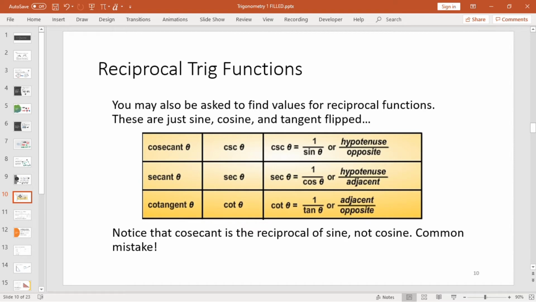So if sine is opposite over hypotenuse, that just means that cosecant is hypotenuse over opposite in that triangle. Likewise, secant is hypotenuse over adjacent because it is the reciprocal of cosine, which was adjacent over hypotenuse. And cotangent is the reciprocal of tangent. So instead of taking opposite over adjacent, we take adjacent over opposite.